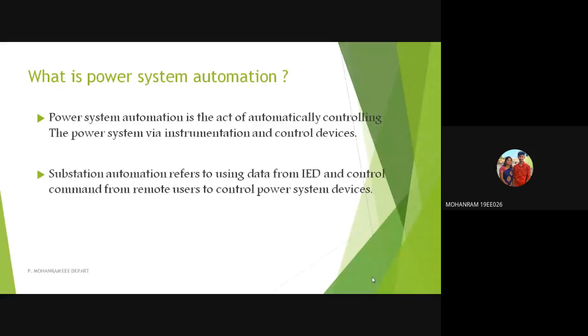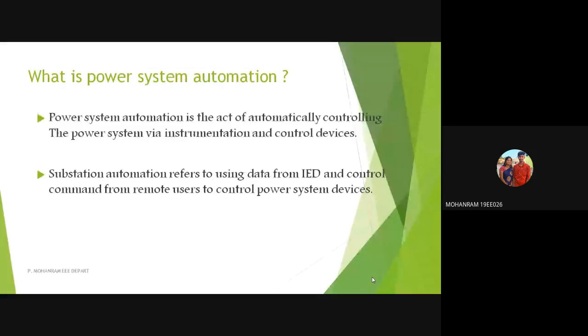So IEDs, communication interfaces, and communication methods, these three work together for the better performance of power system automation. If any one of these is not working properly, the power system may collapse, and it leads to less productivity and generation of electricity. These three should be working together. Power system automation is also monitored by SCADA.